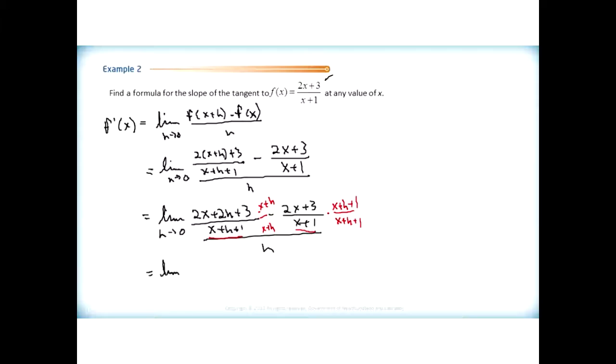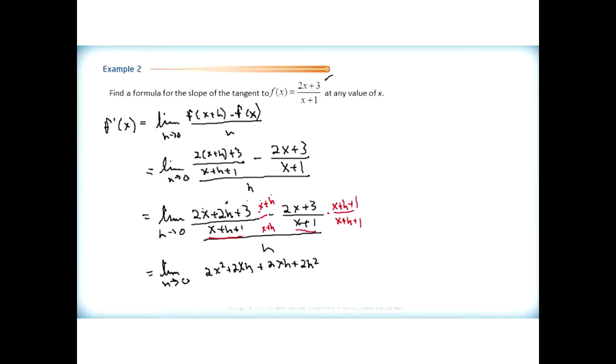So this will be the limit as h approaches 0 of, so I'm not going to multiply everything out, am I? Well, definitely not in the denominators, but in the numerators, yep, got to get it all out of there. So I'm going to take all of these three terms times both of those terms. So we'll have 2x squared plus 2xh. Then multiplying by 2h, I'll have another 2xh, and then a 2h squared.